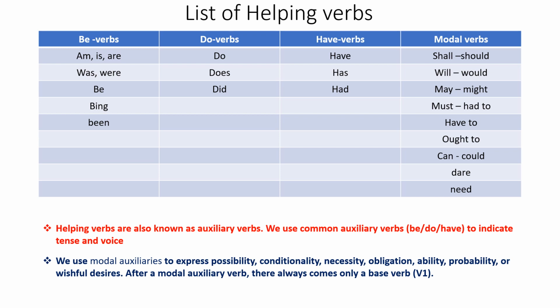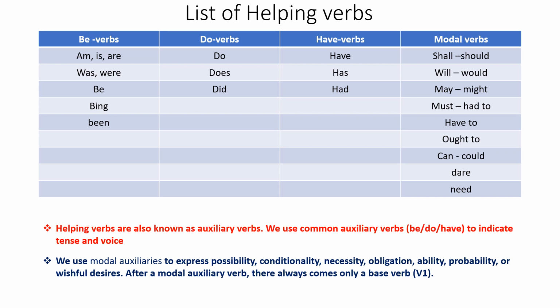And among these 4, the last group, modal verbs, are called pure helping verbs because they always function as helping verbs only in sentences. They never appear as main verbs.